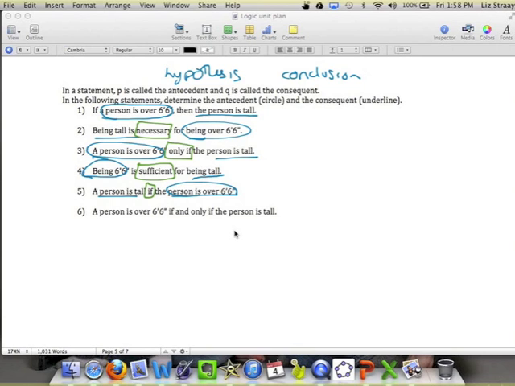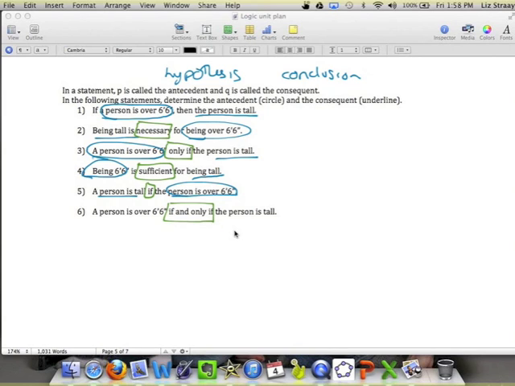The last one has the key phrase in the middle, if and only if. And what kind of a statement did we say was if and only if? It had a special name. The double arrow in our logic symbols. Oh yeah, it was in the very first notes, the bottom of the chart, the double arrow.